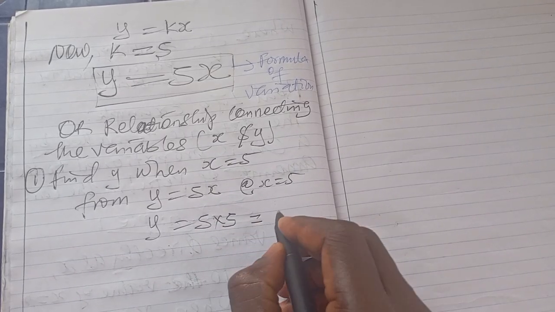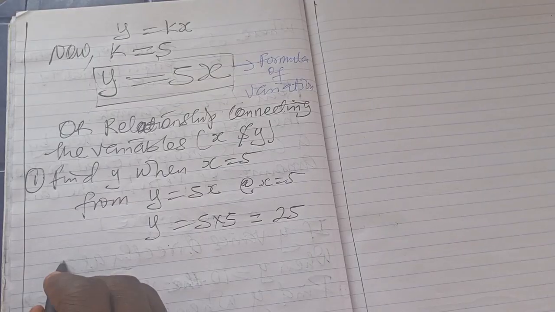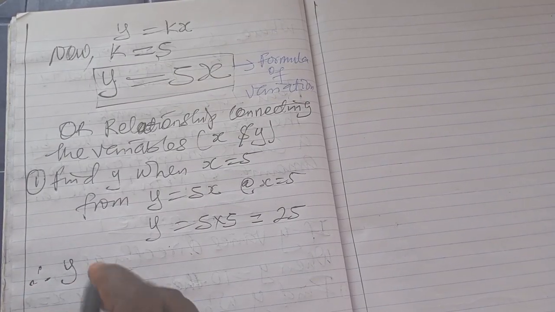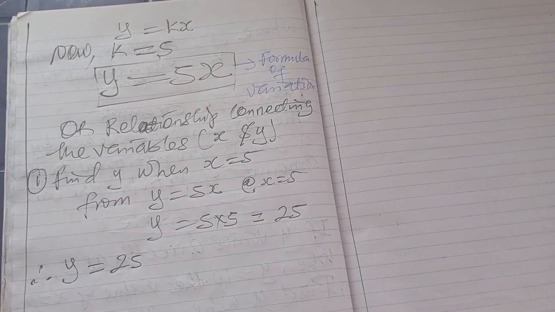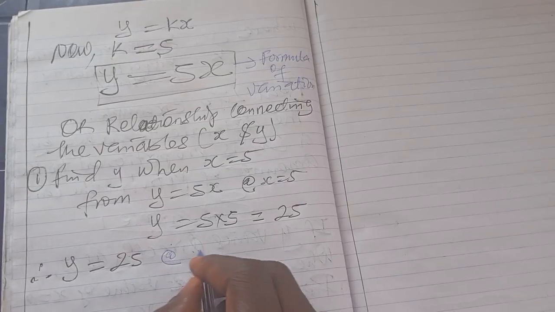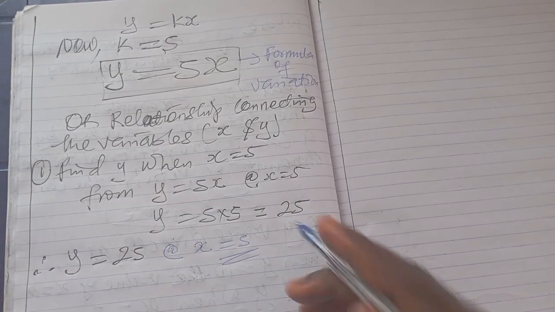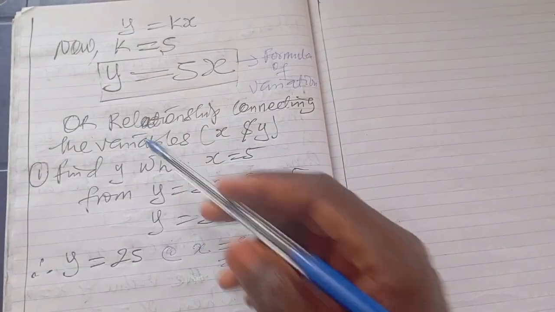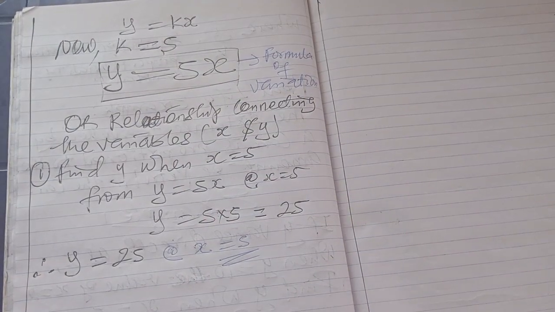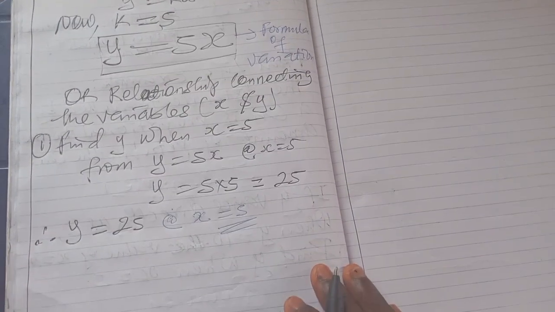So you have 25. Therefore, y equals 25 at x equals 5. Another question can be to find the value of x at a specific value of y. All right, so let's solve example 2 now.